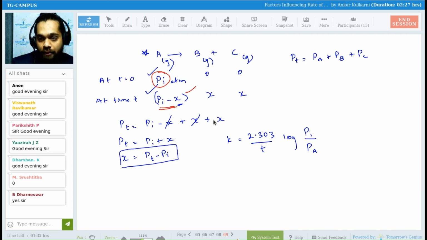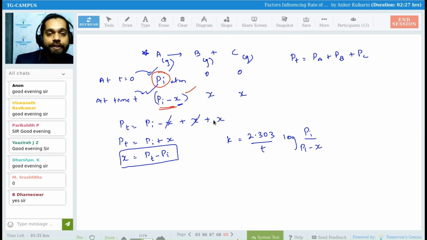Is it clear now? Initial over final. Initial is Pi, final at time t is Pi minus x. So Pi over Pi minus x.